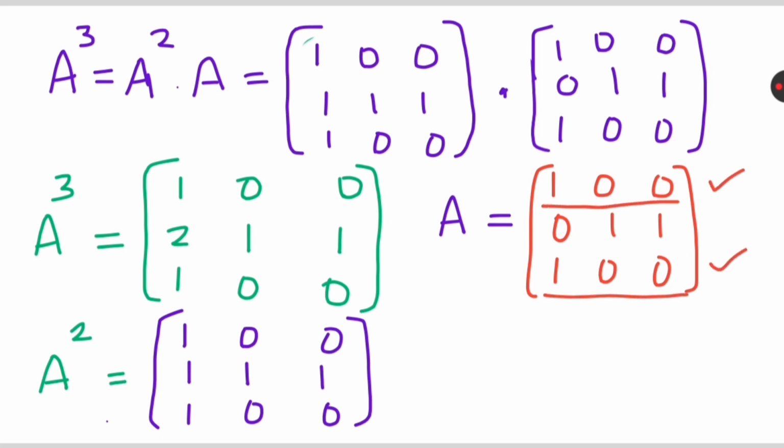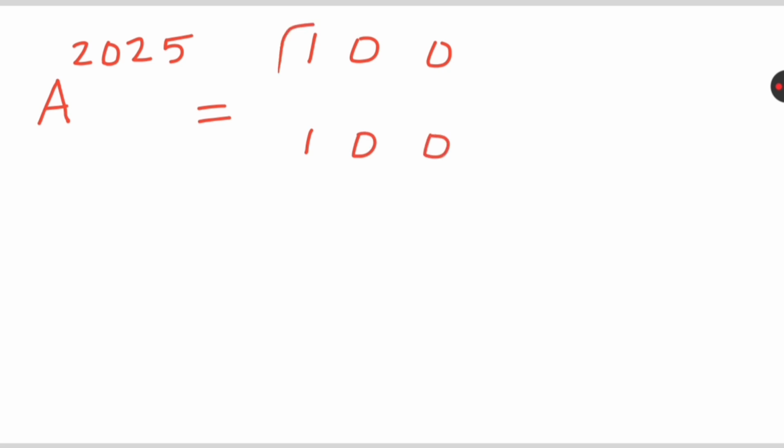If you do A power 2, that means if you multiply A times A, then we are also getting the first row and third row are same, which is 1 0 0, 1 0 0. So when you do A power 3 also, the first and third rows are same. That means if we do A raised to power of 2025, the first row and the last row are same, isn't it? So just we need to observe the second row.